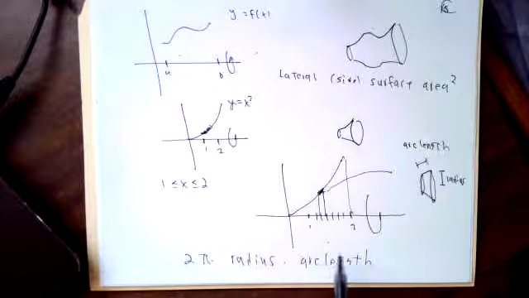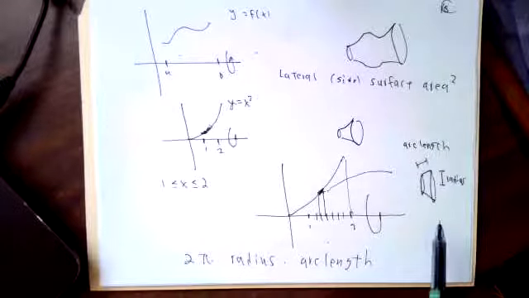I'm going to chop the x range from 1 to 2 up into a lot of smaller subintervals, so small that I can practically pretend that the upper part is a straight line. I'll revolve that one part about the x-axis and get a shape that looks like this.